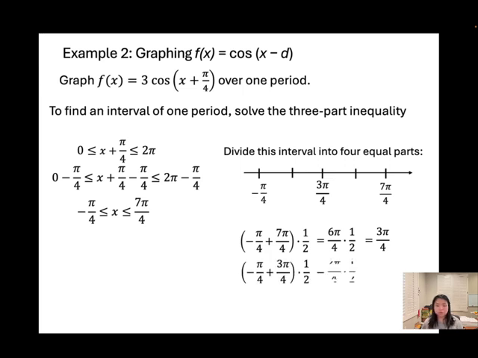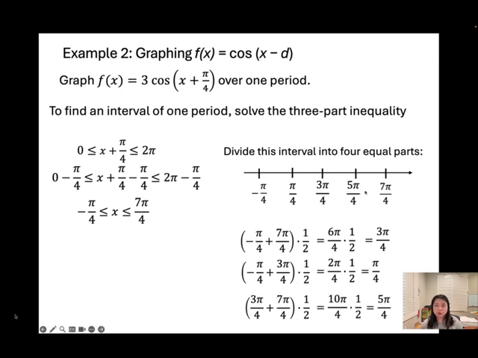Okay, check your work. You should get pi over 4 here, and then there'll be 5 pi over 4.